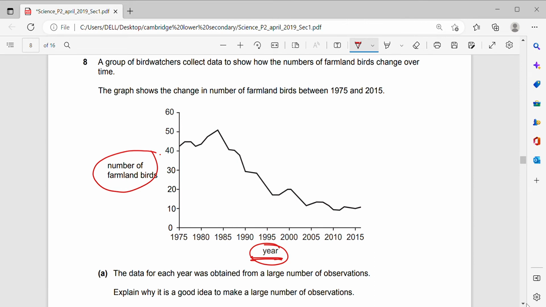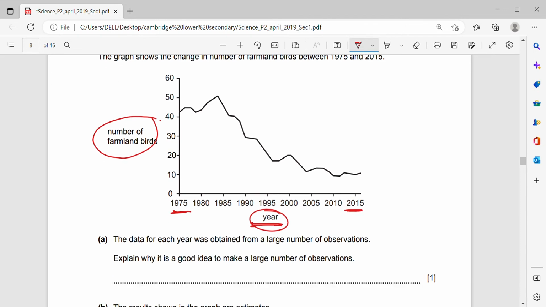The data for each year was obtained from a large number of observations. Explain why it is good to make a large number of observations. ليه مهم يبقى في observations كتير؟ علشان to make the results ايه؟ الإجابة النموذجية to make the results more reliable.